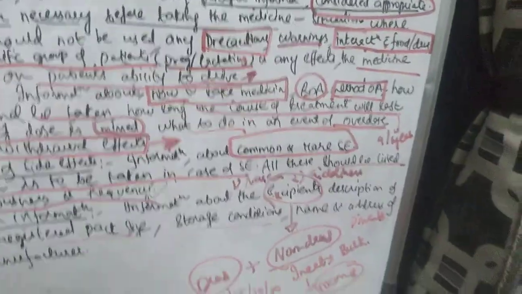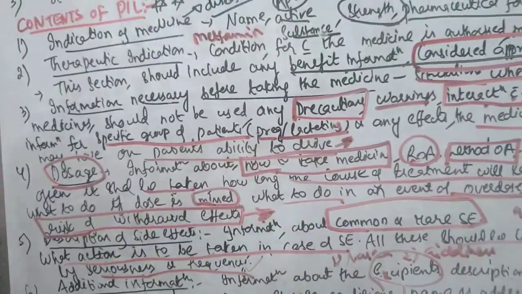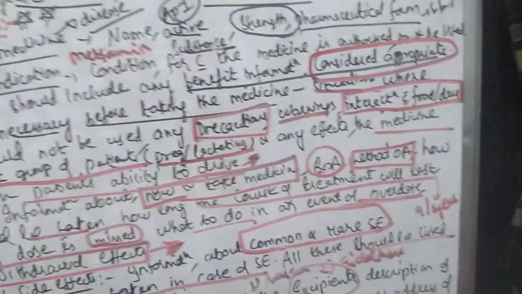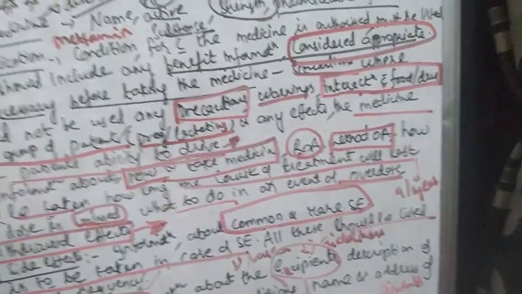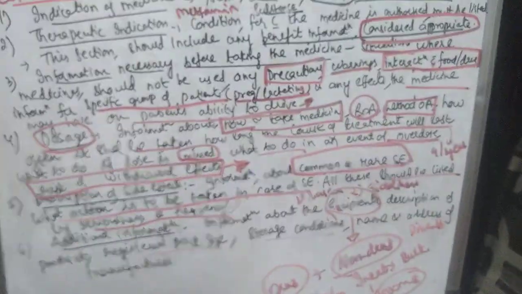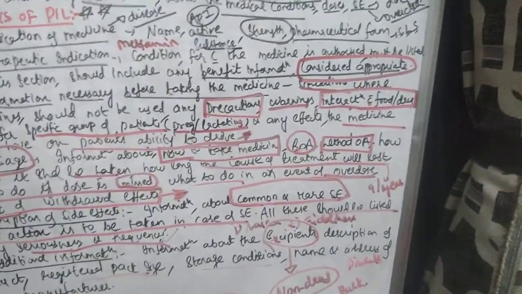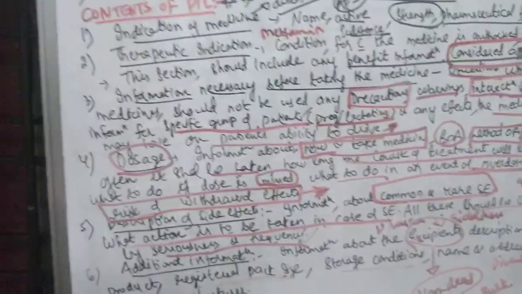And then the name and address of the manufacturer. If we observe any dosage form, it will obviously be written manufactured by so-and-so pharma company located at so-and-so place. So the name and address will be given in every medication. This is the additional information contained in a patient information leaflet: information about the excipients, description of the product, registered pack size.